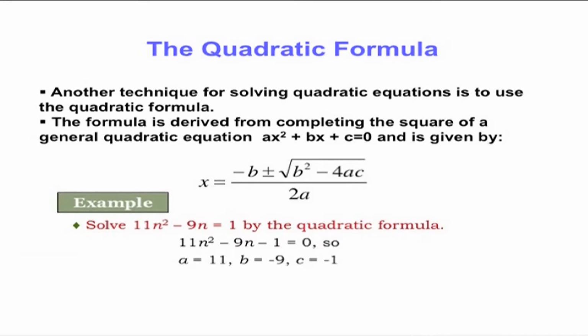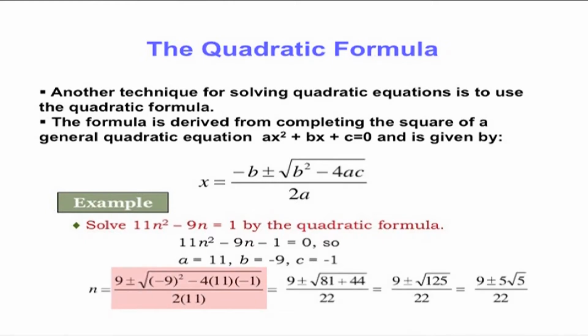So, a equal to 11, b equal to minus 9, c equal to minus 1 and n equal to 9 plus minus under root minus 9 square minus 4 into 11 into minus 1 upon 2 multiplied by 11, and you will find 9 plus minus under root 81 plus 44 upon 22, which gives 9 plus minus under root 125 upon 22, and you will get 9 plus minus 5 root 5 upon 22.